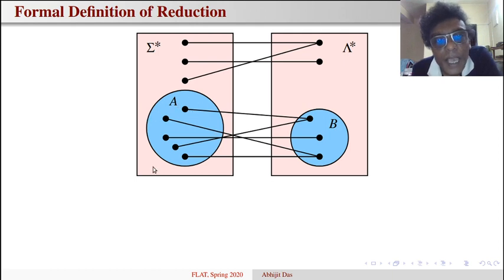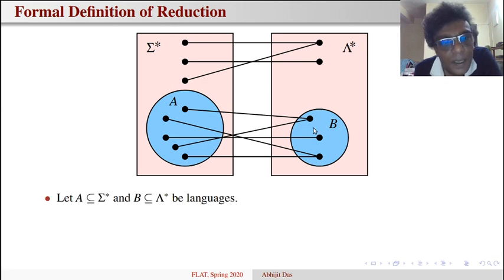Suppose that A is a language over some alphabet sigma, and B is another language over some alphabet lambda. A reduction from A to B is a map, let us call it sigma, from sigma star to lambda star.